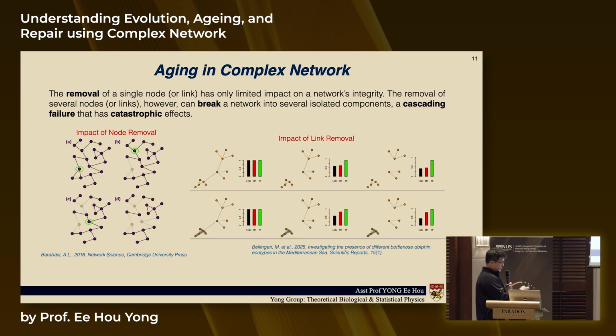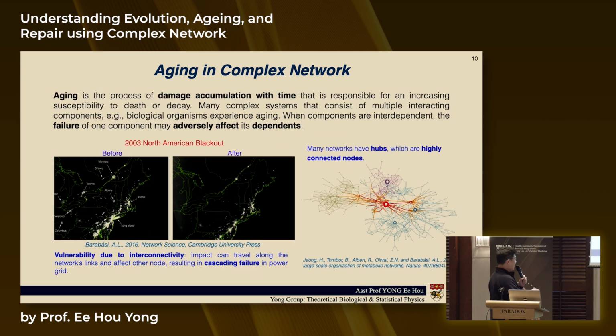For example, here we have a blackout picture, and you can see that there was this big blackout in North America in 2003. These are the lights, and you can see America became very dark right after the blackout. So why did it happen?